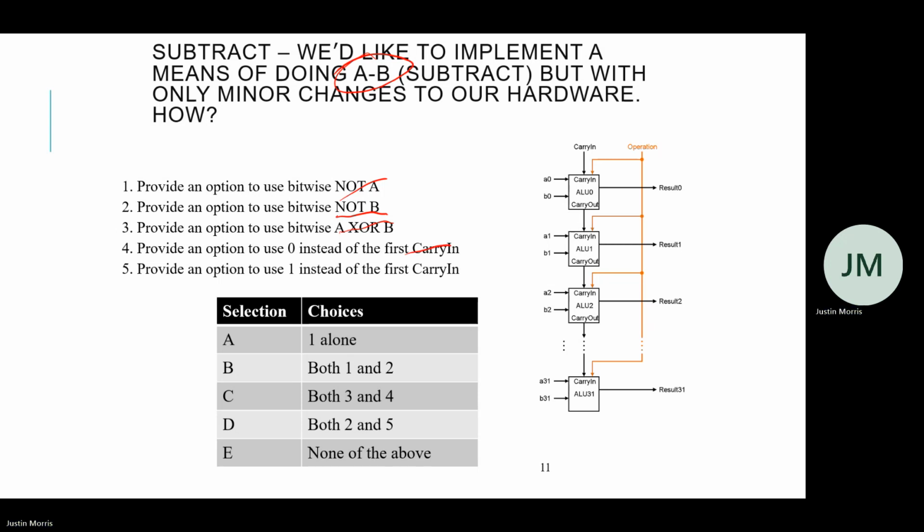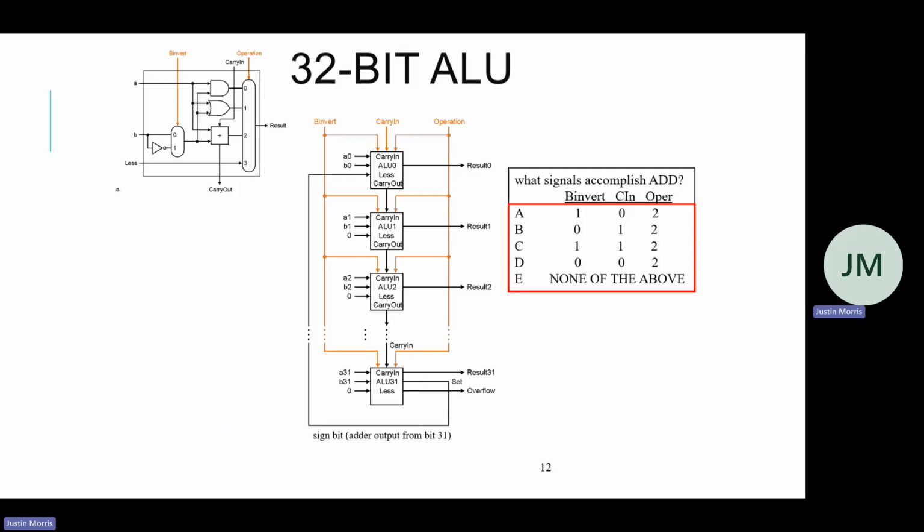And if we provide an option to use 1 instead of the first carry in, this is helpful to us because that is how we can add 1. So we need 2 and 5, so we need D. Okay, so now with this in mind, say we make that change, which is shown in the top left here.